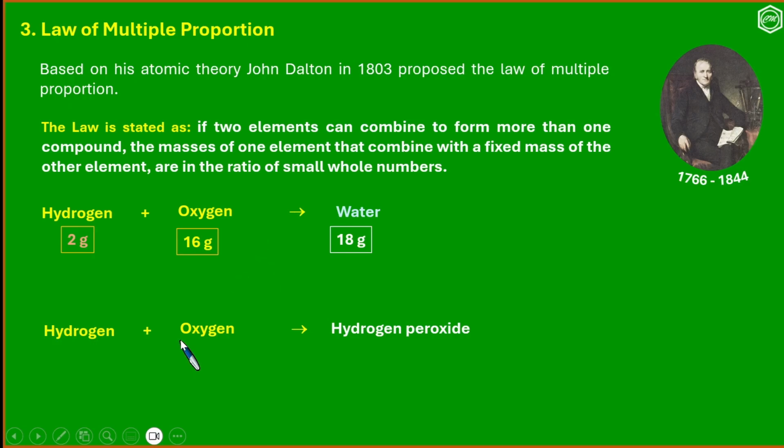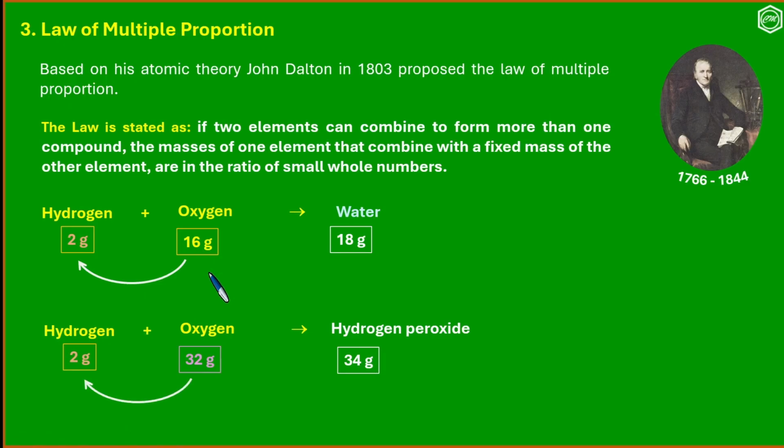In the formation of hydrogen peroxide, 32 gram of oxygen combined with 2 gram of hydrogen giving 34 gram of hydrogen peroxide. Here the mass of hydrogen is fixed, that is 2 gram. Now the different masses of oxygen that combine with the fixed mass of hydrogen are 16 and 32.